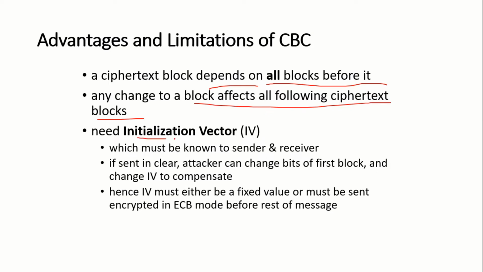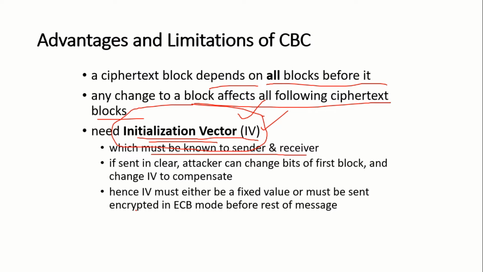For this we will be requiring an initialization vector which we represent as IV. It must be known to the sender and the receiver. It must be sent secretly, because if it is known, then the further process will be very easy for the attacker. So for sending the initialization vector from sender to receiver, we can use the electronic codebook mode, which is very suitable for sending short messages.